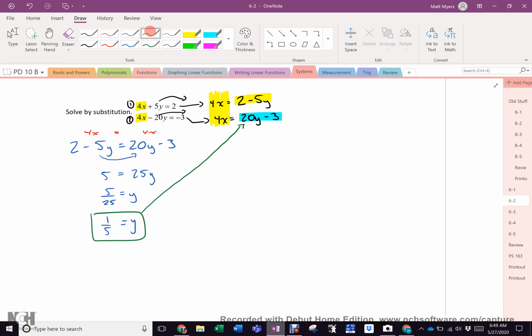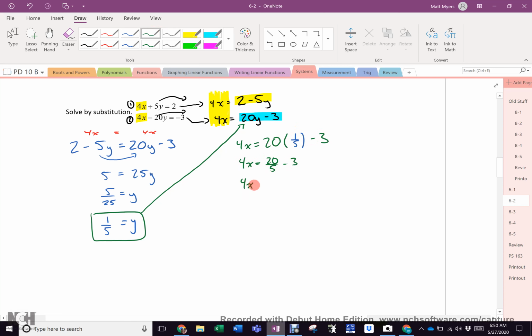So let's do this. 4x equals 20, not y, because y is 1/5, and all that, subtract 3. 4x equals 20 times 1/5 is 20 over 5, minus 3.